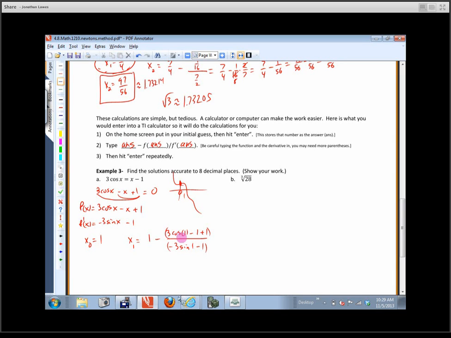One's not a radian angle that I know the sine of or the cosine of, so we're going to be using a calculator on this one.